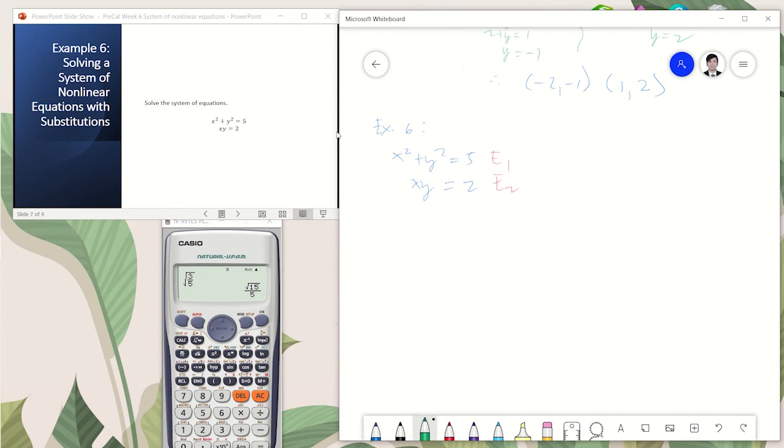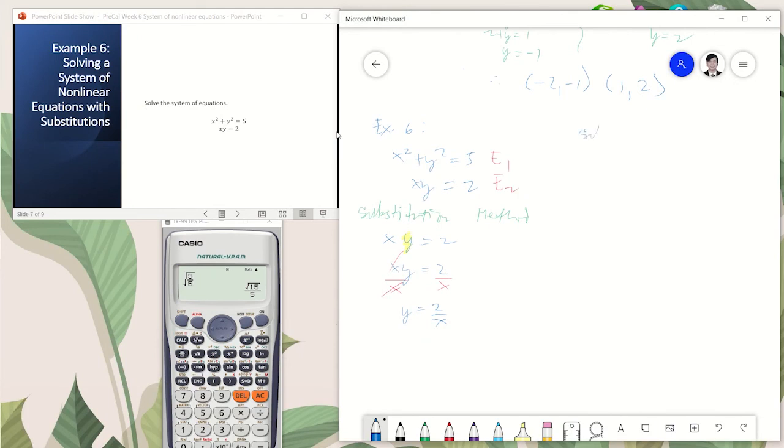On my end, I will use equation 2, and isolate one of the variables. I'll choose y. So we need to divide both sides by x so that this will be cancelled out. And you'll have y is equal to 2 over x.